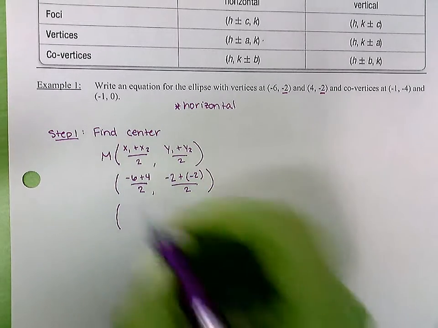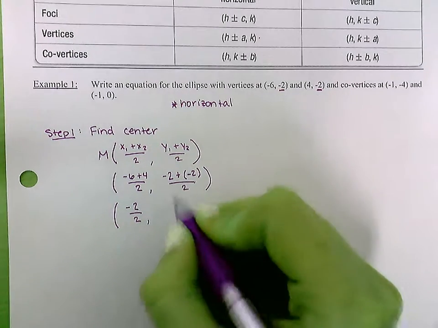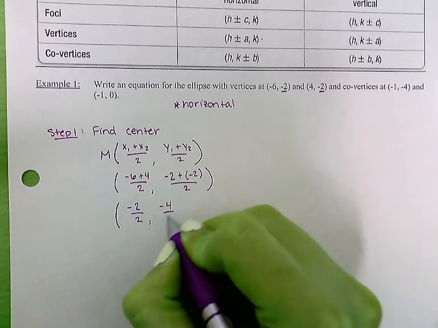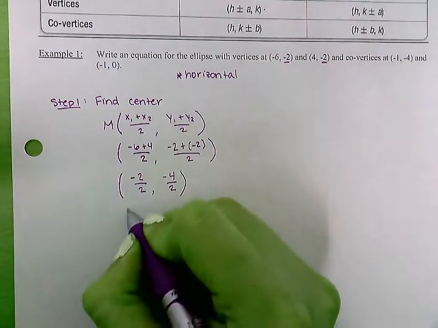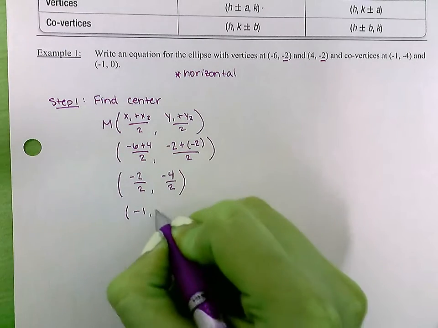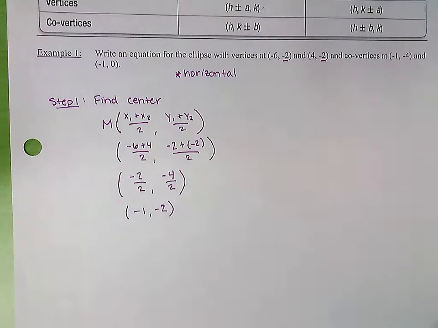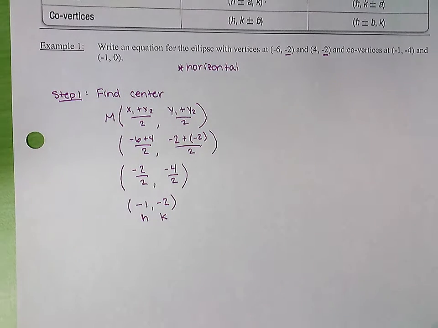So I have -6 plus 4 is -2. -2 plus -2 is -4. So I'll end up with -1, -2. I'm finding the center first. So I have my h and k value.